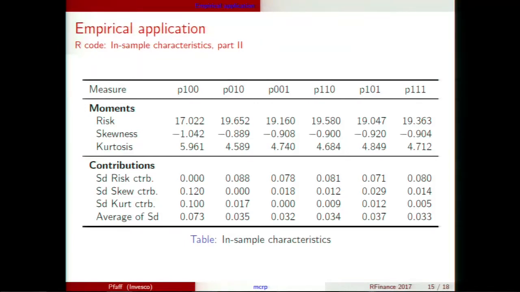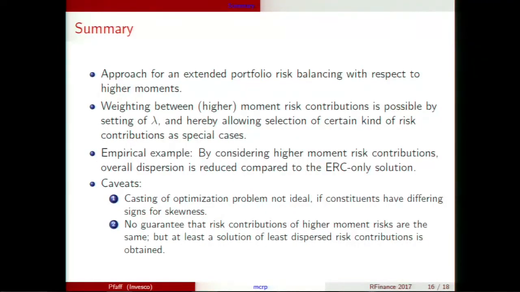And I'm now finishing up and coming back to the point made earlier, that basically this worked out real nicely because the solution is largely driven by the higher moments of your marginals. But think of it when you have constituents that have a positive skewness and negative skewness.